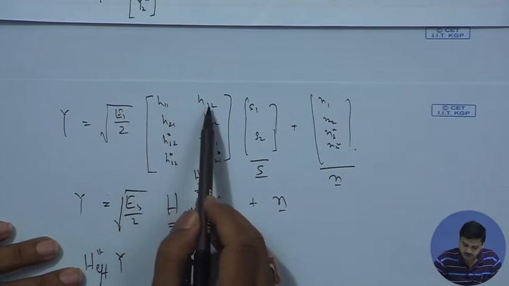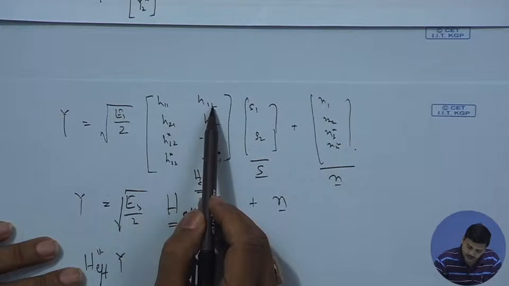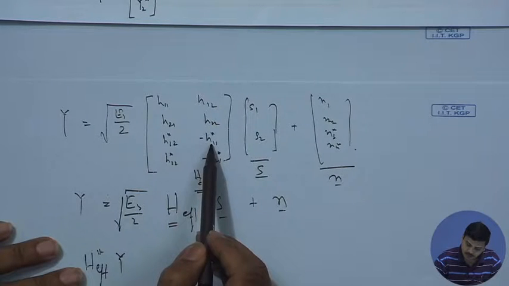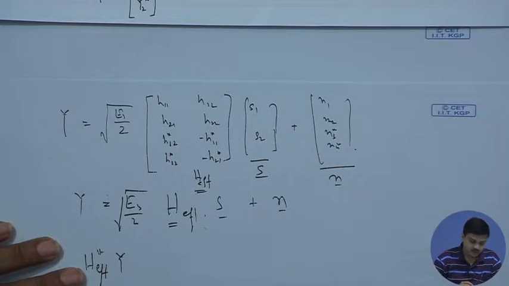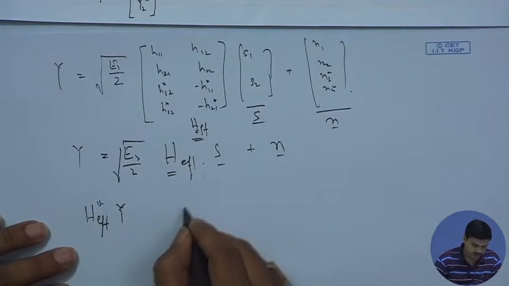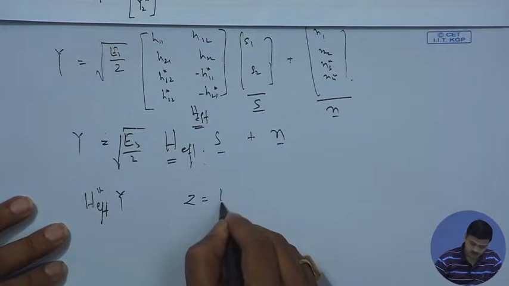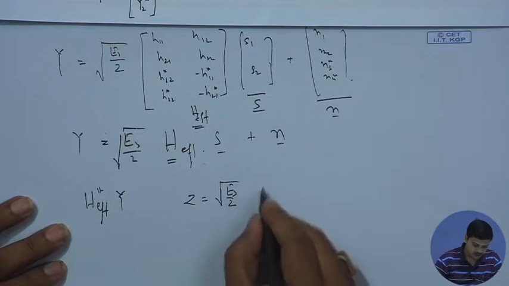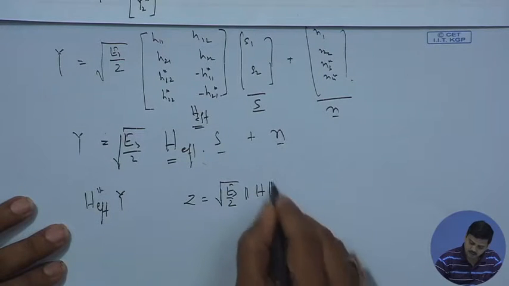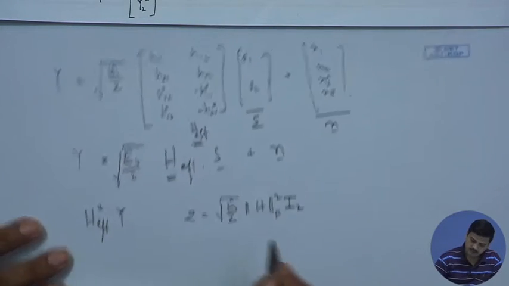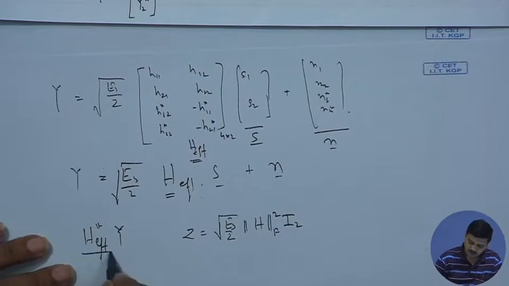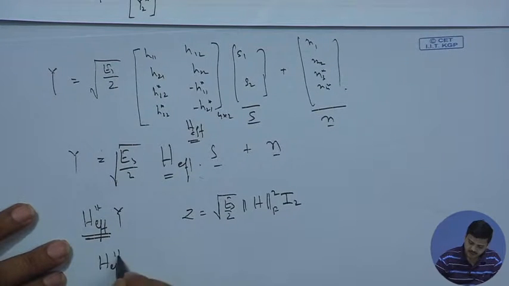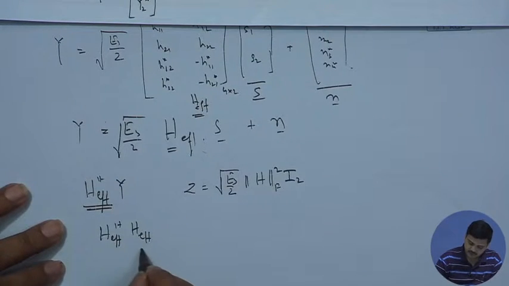So H11 conjugate times H12, and there would be again minus H11 conjugate times H12 over here. They are going to cancel out with each other, and the effective expression that we are going to get out of it is Z equal to root over ES by 2 times mod HF squared times I of 2, because this is a 4 cross 2 matrix. So we are basically doing H effective Hermitian times H effective. This is a 4 cross 2 and this is a Hermitian, so it is a 2 cross 4.